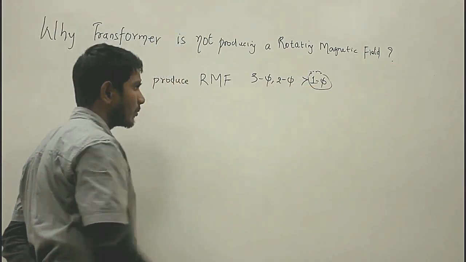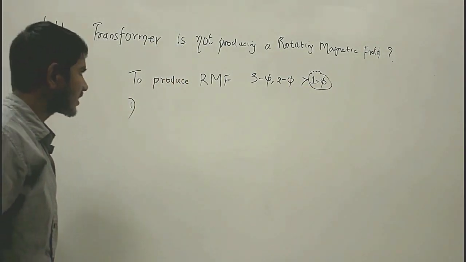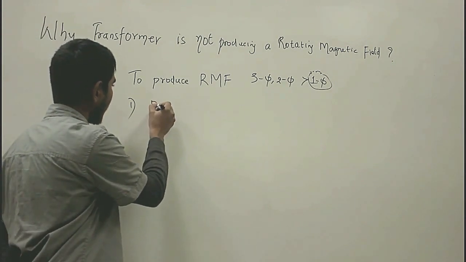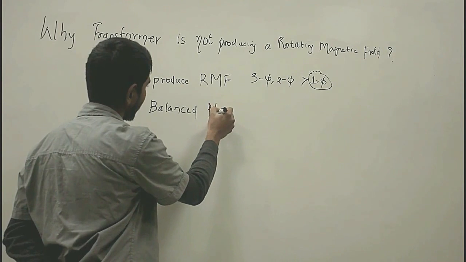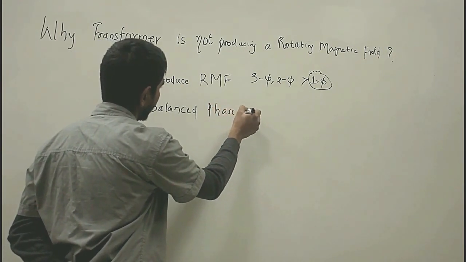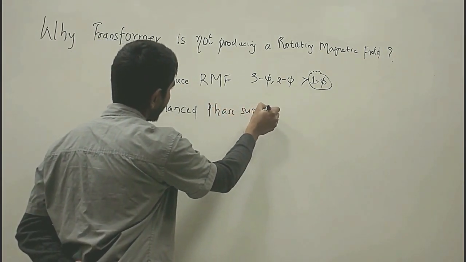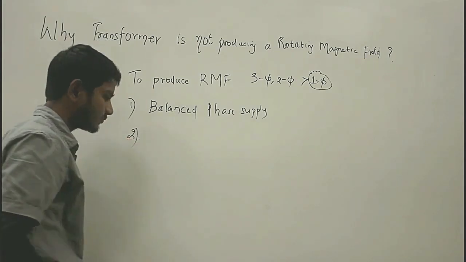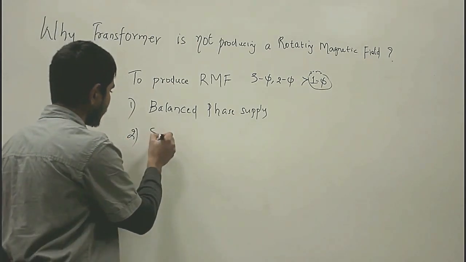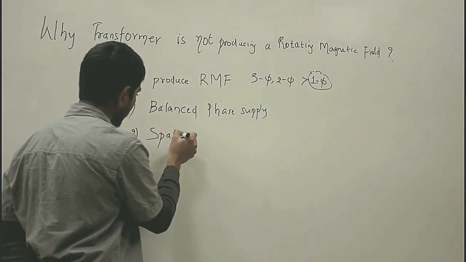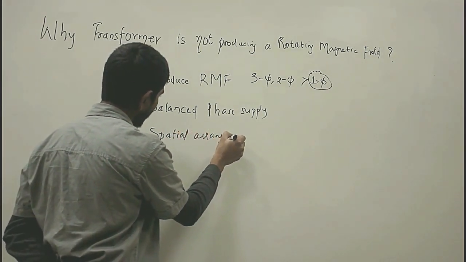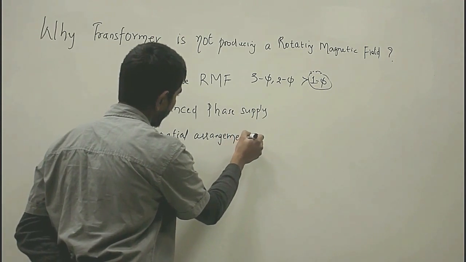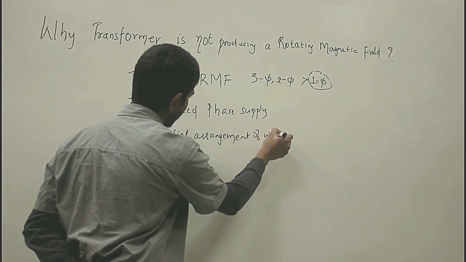Now this can be applicable to any number of phases. Now the first condition is you should have a balanced phase supply. And the second condition is you should have spatial distribution of your windings, or you can say spatial arrangement of your windings.